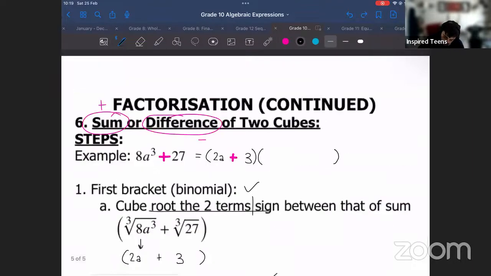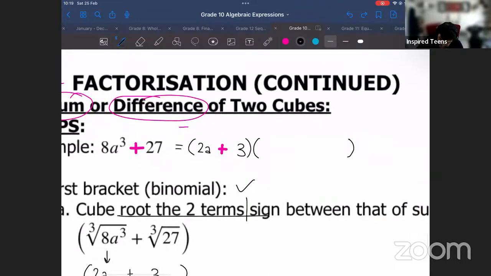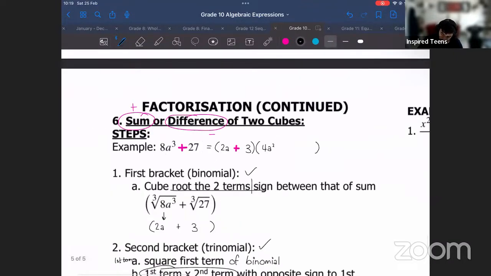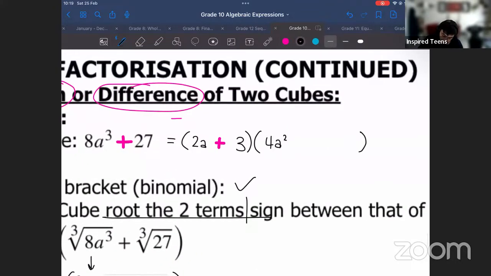So I'm going to square this guy. 2a squared is 4a squared. How do I form the second term? Multiply the first and the second term, 2a and 3, with an opposite sign. The sign is positive, so negative. Negative what? 2a times 3? 6a.